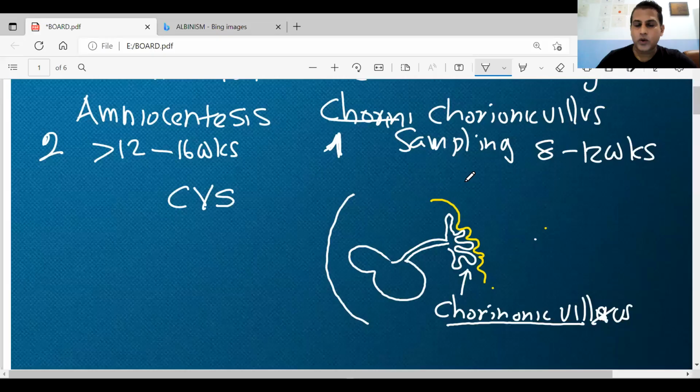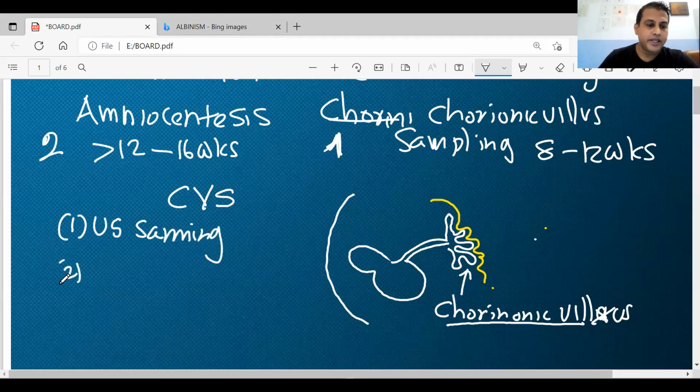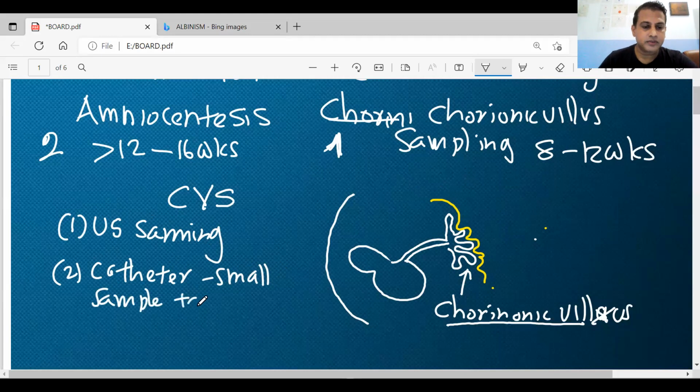Right, let's see the basic steps. One is ultrasound scanning. Then, through the catheter, a small sample is taken from the chorionic villus. CV is the chorionic villus, right?